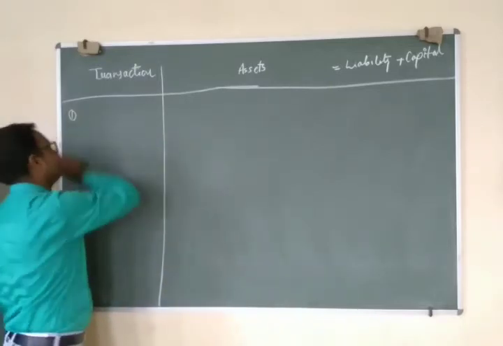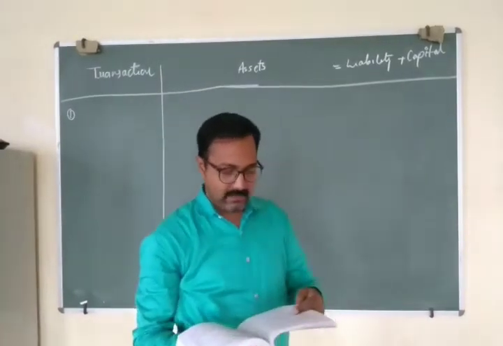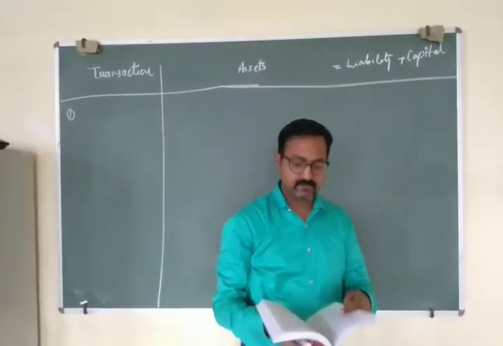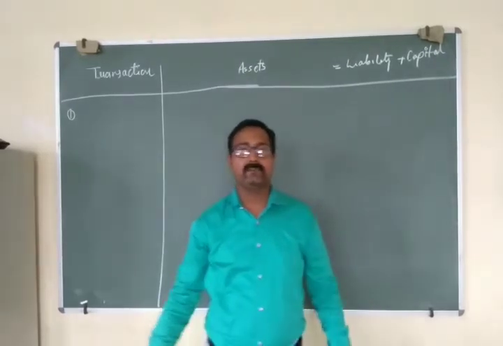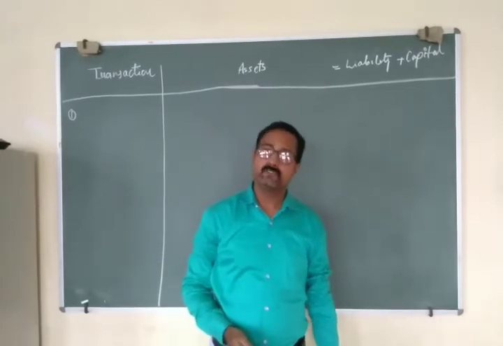So first transaction, according to this book, Harsha started business with cash rupees 2 lakh. Okay, there is a person named Harsh. He has started his business by investing 2 lakh rupees.